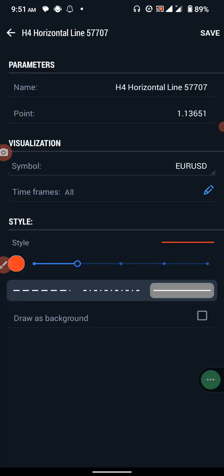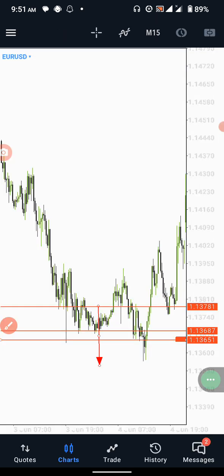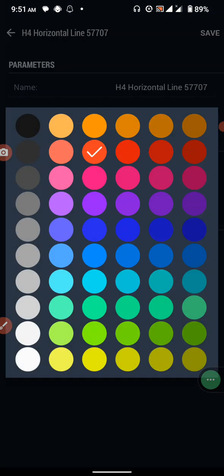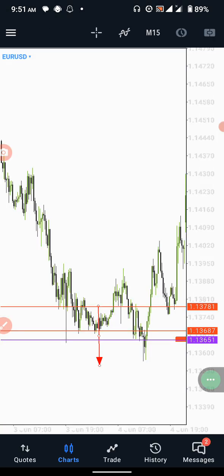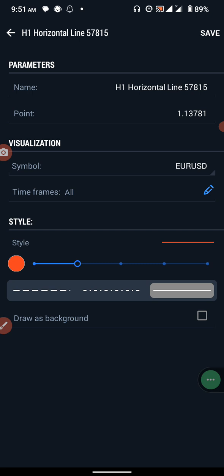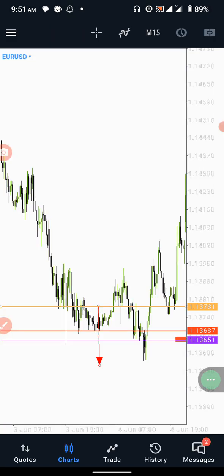Let me make this one purple. Okay, that is my stop loss. My entry zone is yellow. My stop loss is purple.